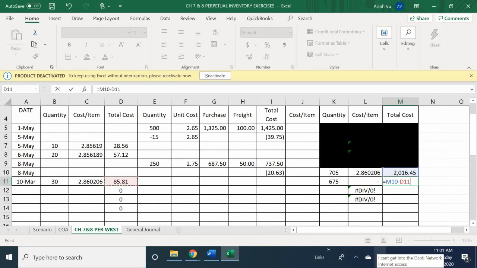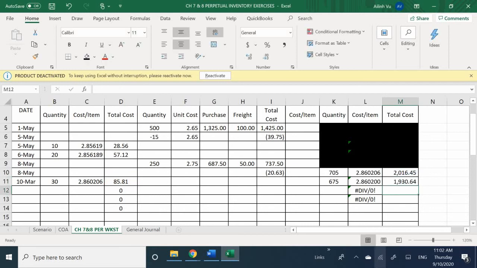So our new amount is now 675 items left. And for our total here, we're taking 2016.45 and subtracting $85.81. So what is my total cost here? 1930.64, and my new average cost per item is now good.